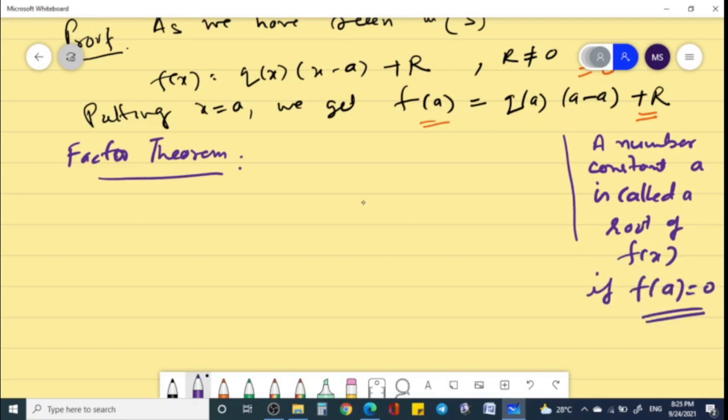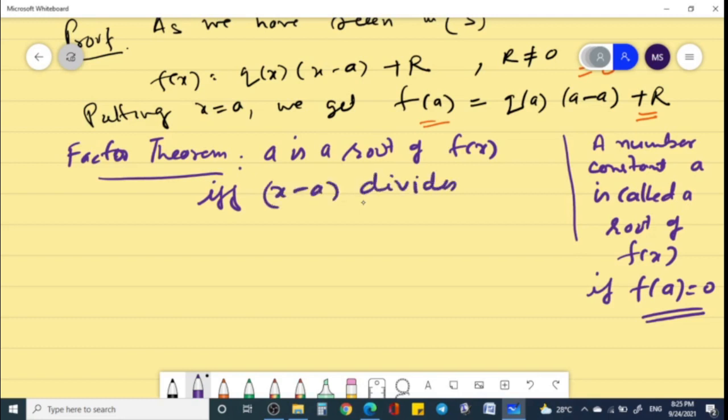We know about this fact. So now the factor theorem is: a is a root of f(x) if and only if x minus a divides f(x).